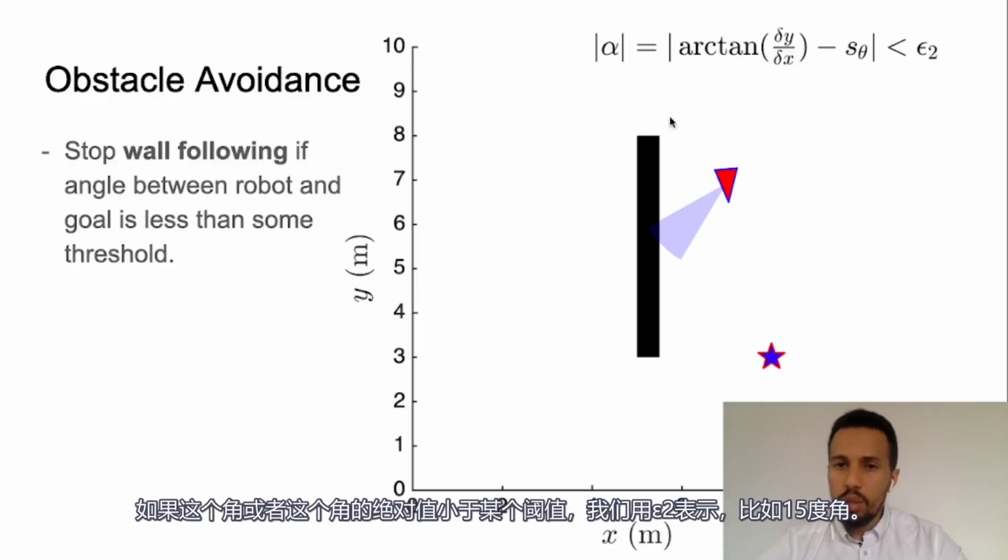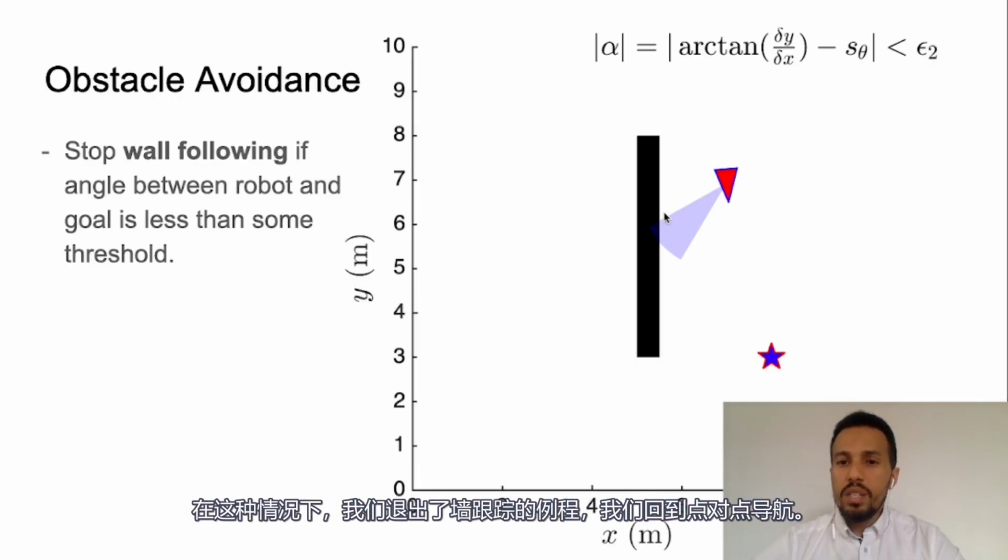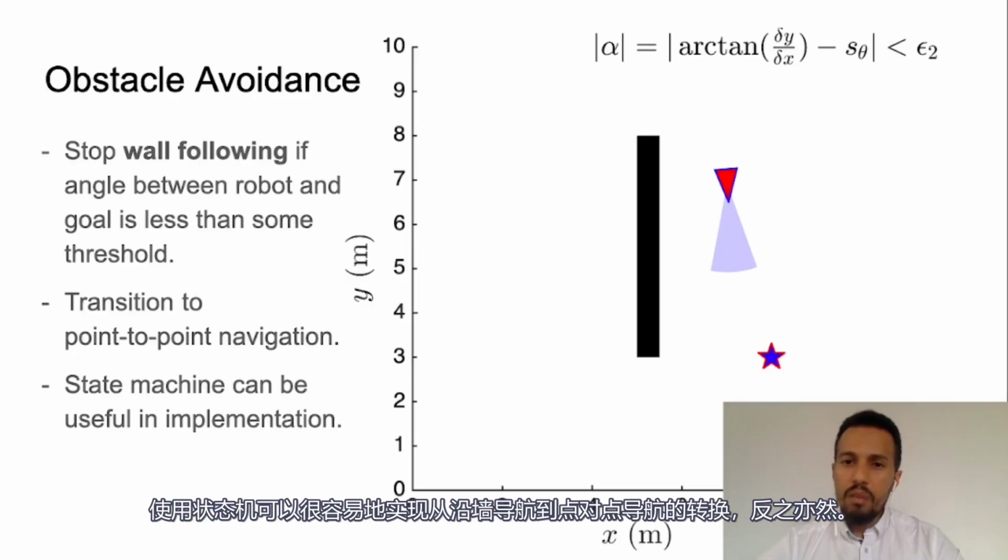If the absolute value of that angle is less than some threshold value, which we denote by epsilon 2, for example a 15 degree angle, then we exit the wall following routine and go back to point-to-point navigation. This transition from wall following to point-to-point navigation and vice versa can be implemented easily using state machines.